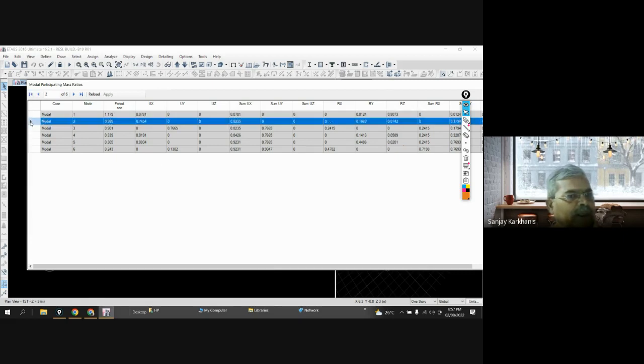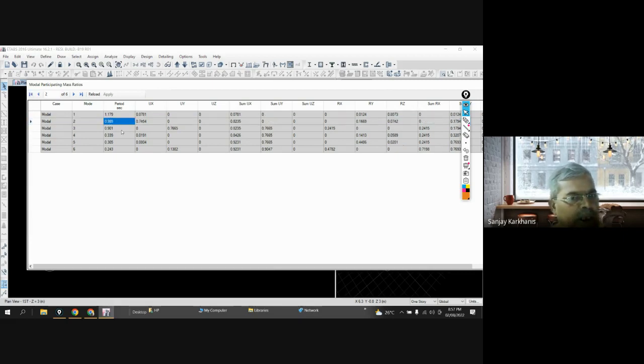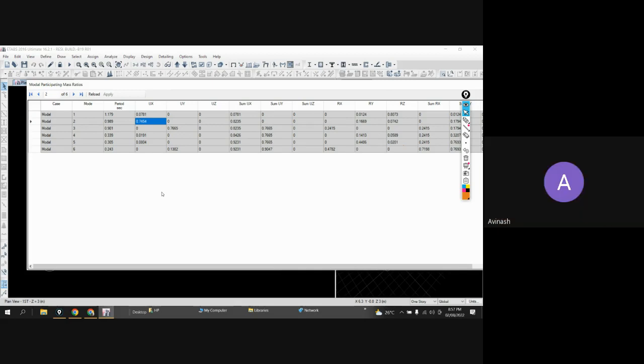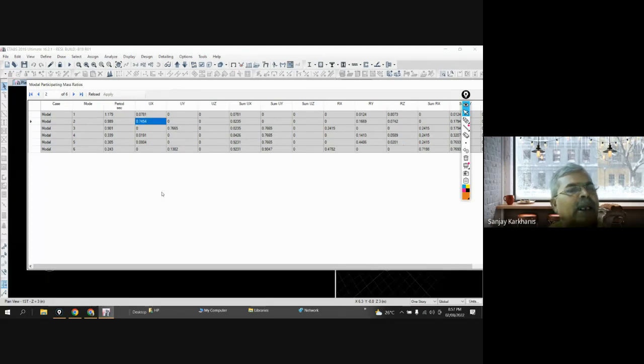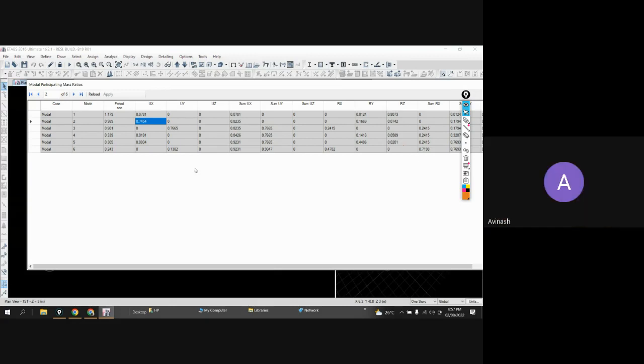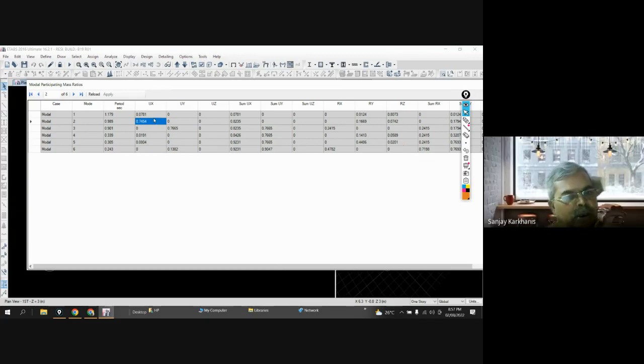Now, if you see the second mode, 0.989 is your time period, and you are getting 0.7454 as your mass ratio. That means 74.54% of seismic mass is getting activated in mode number 2. Clear? Yes, sir. That means it is not passing 90.